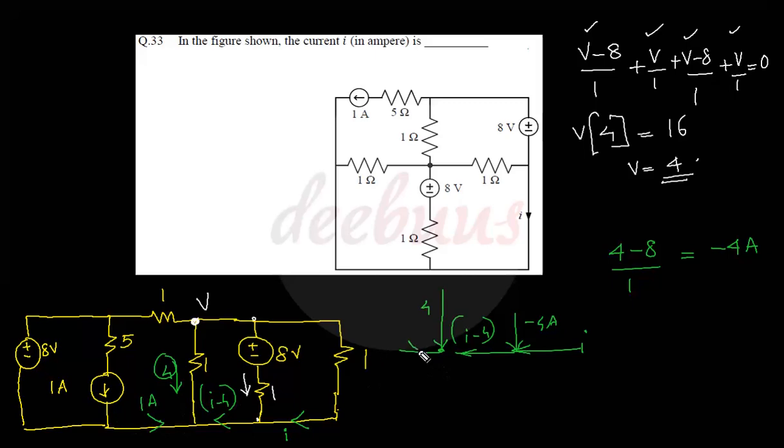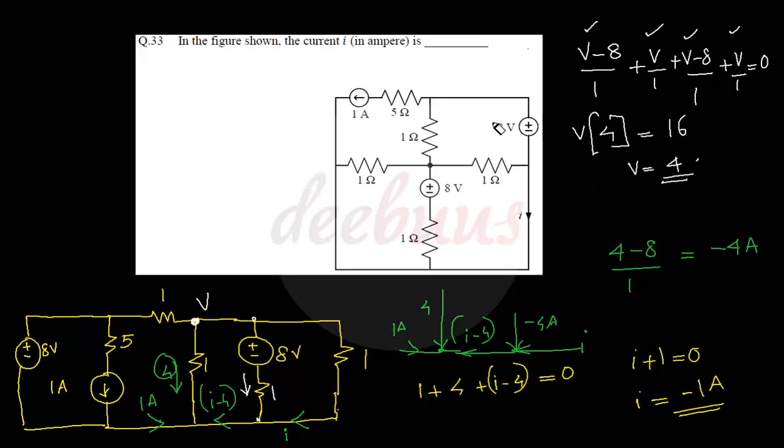Now writing the node equation at this point: all these currents, 1 plus 4 plus I minus 4, are entering the node, equated to 0. So I plus 1 equals 0, which means I equals minus 1. So minus 1 ampere is the current flowing through this path.